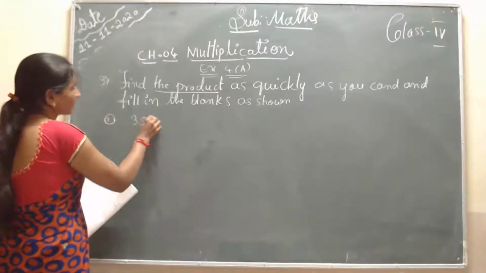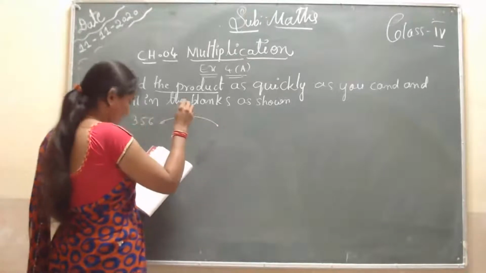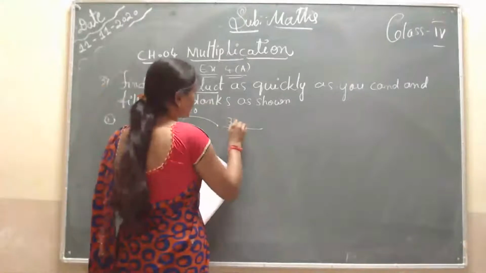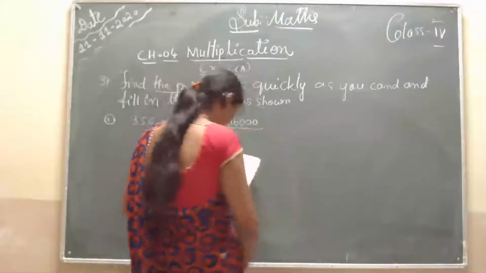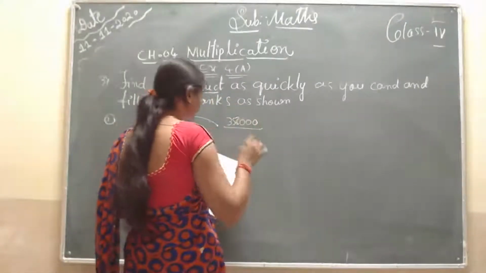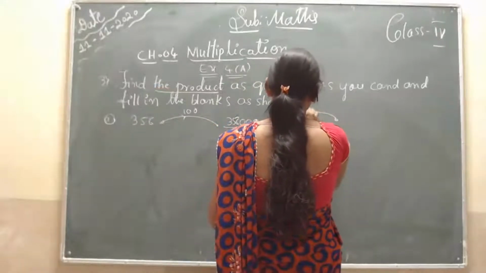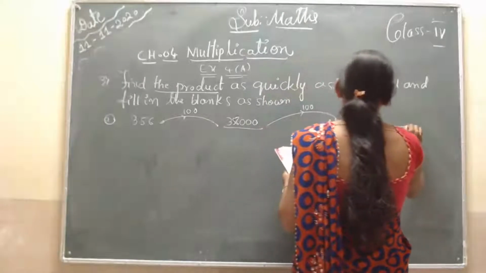Students, the first question's answer is already given. This is 100. You are given 35,600, students. Next, you have to multiply by 100.